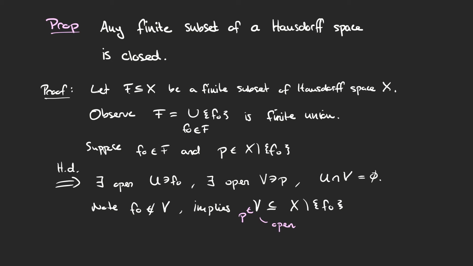For every point P in this set, the complement of the singleton F0, we have found some open neighborhood of that point P that is still completely contained within the set. Now, by a lemma we saw when we were looking at open and closed sets, this in turn implies that the set X without the singleton F0 is open.